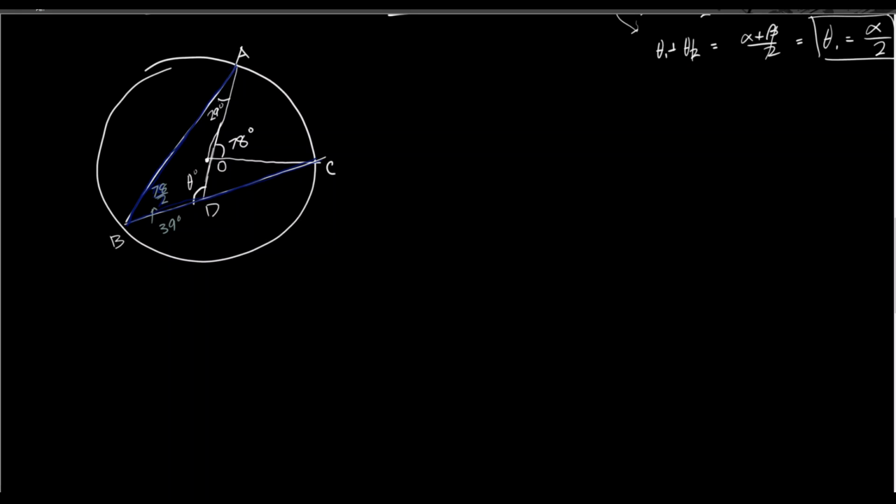And using the fact that the sum of the angles of a triangle is 180 degrees, we can simply find that angle BDA is equal to 180 degrees minus 39 degrees minus 29 degrees, which is equal to 112 degrees, I believe.